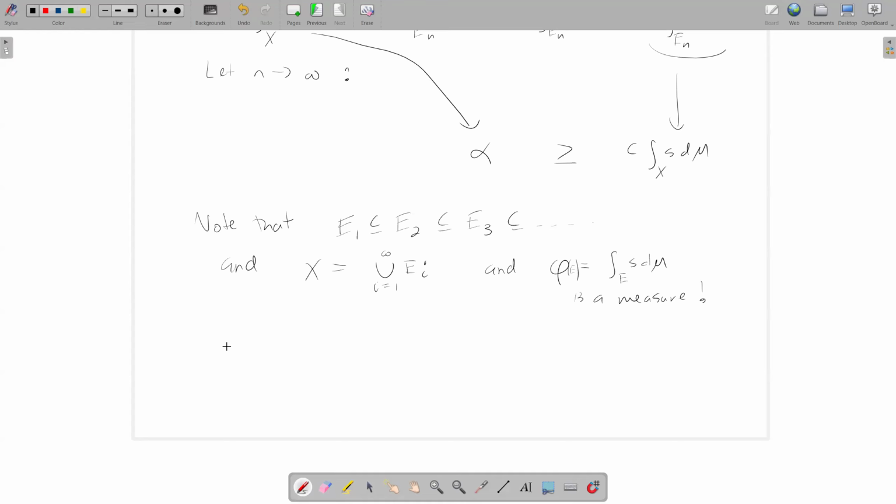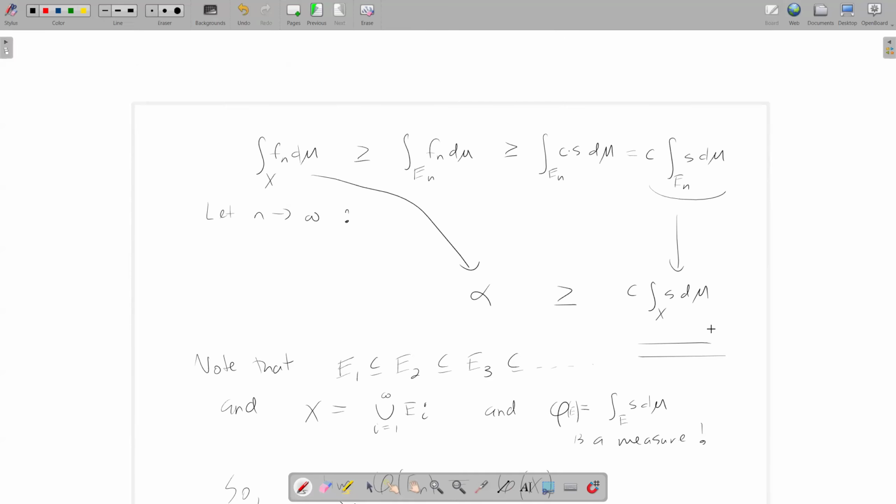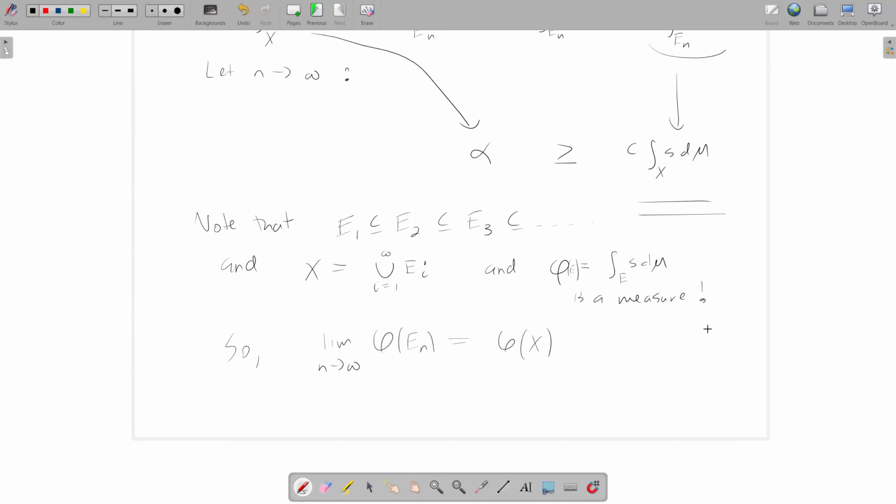So the limit as n approaches infinity of this is equal to this. So that's how we get this. And it's just multiplied by the constant c, which I'm allowed to do.